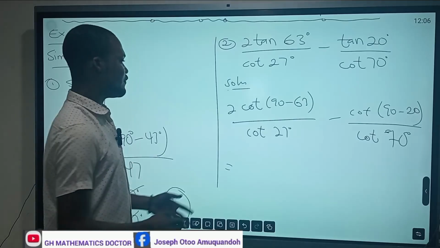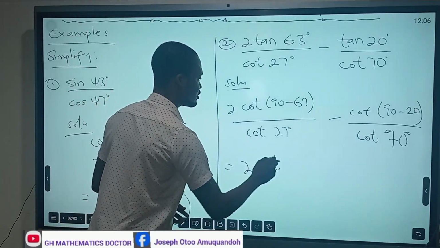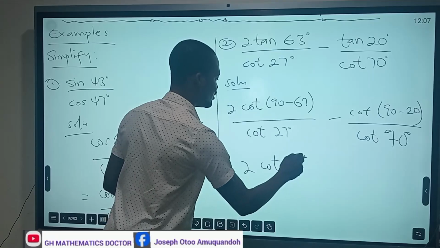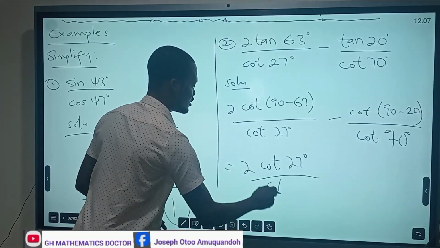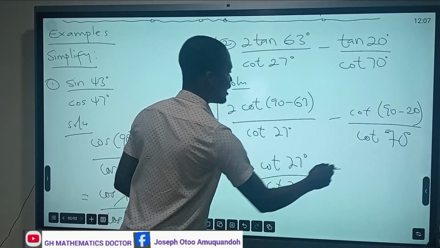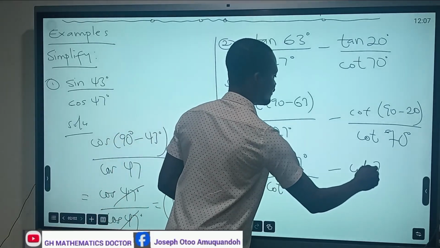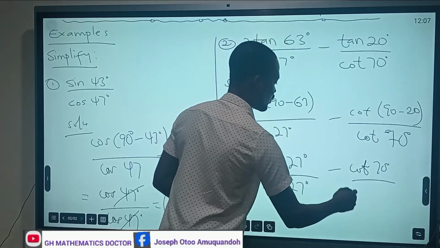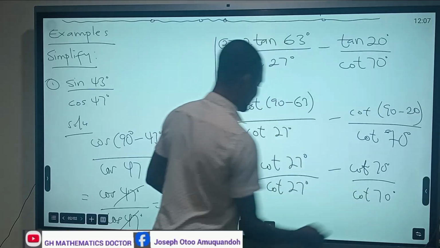Now I'm going to simplify this. So we have 2 cot 27 degrees over cot 27 degrees, minus cot 70 degrees over cot 70 degrees.